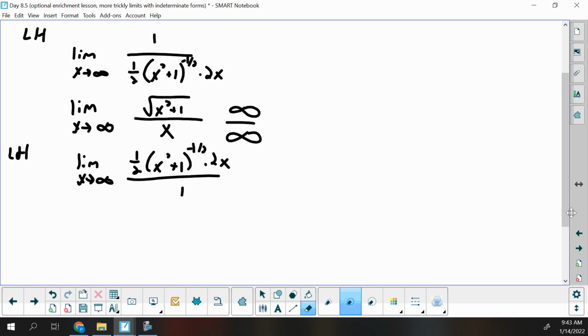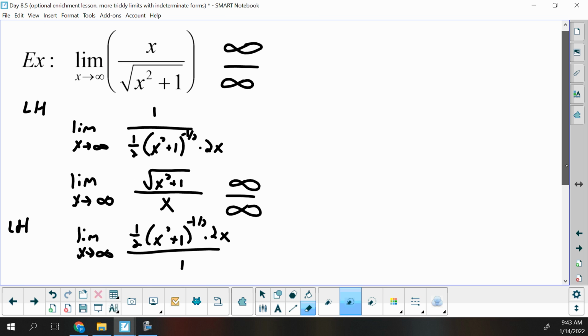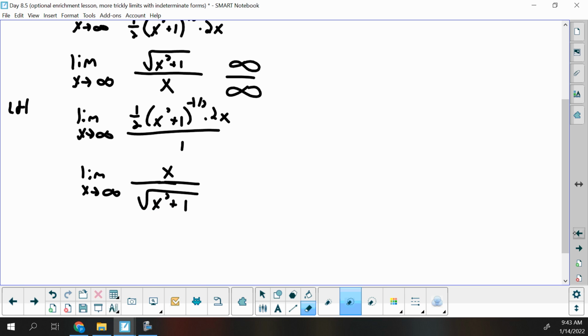Bring the negative exponent down. We're going to have square root of x squared plus 1. In the denominator, 2x times a half gives us x. Well, hopefully that looks a little familiar. That's right where we started. So if it's cyclic like that with L'Hopital's, this just tells us we can't use L'Hopital's.